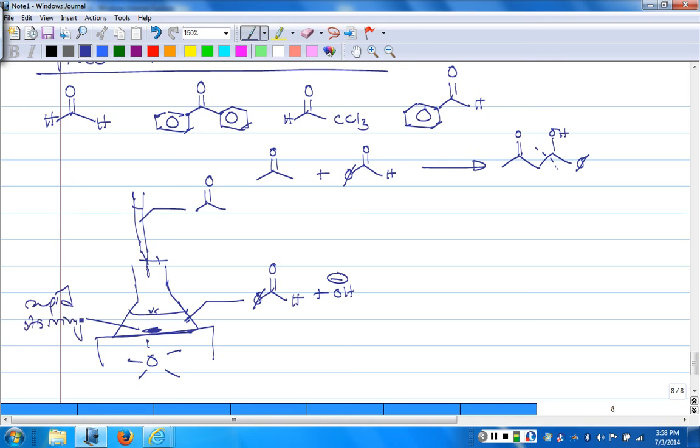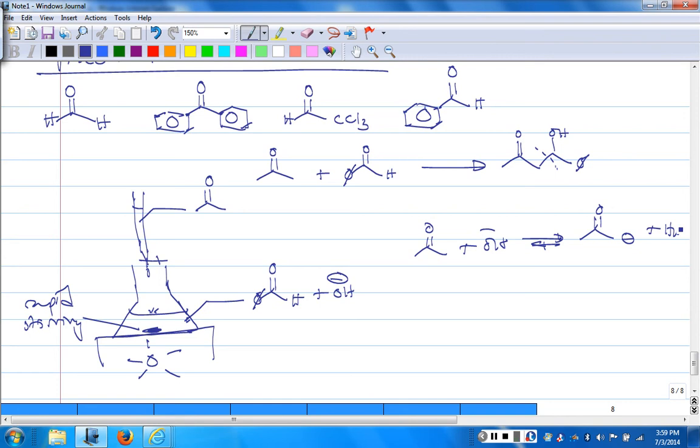So here's the logic. When I open the tap and the first drop of acetone hits, the acetone is going to react with hydroxide and give rise to the corresponding enolate. But that's an equilibrium, right? I mean the enolate and water.